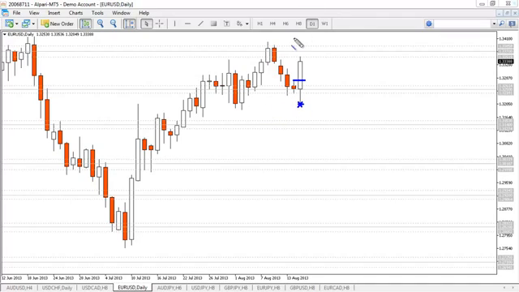So yeah, this trade didn't work out, but the entry for this trade and the entry for most of my trades just ends up being the wick of the indecision candle. So in this case, it was here. Stop loss was around about here, just below the wick of the indecision candle.